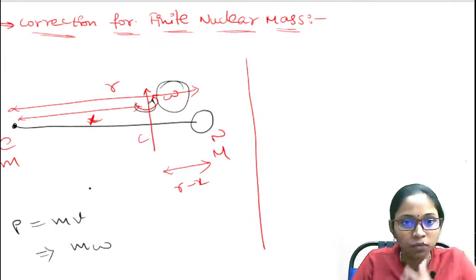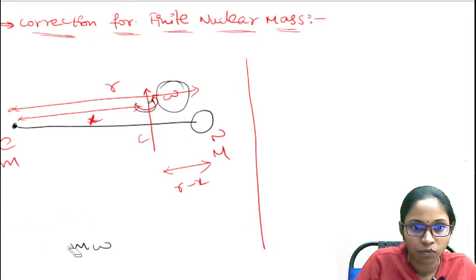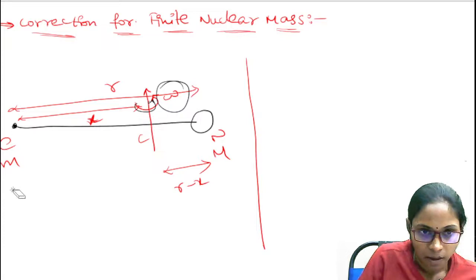See here, this is for the electron, and what about the linear momentum now?